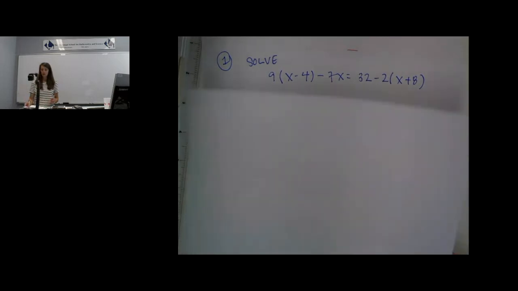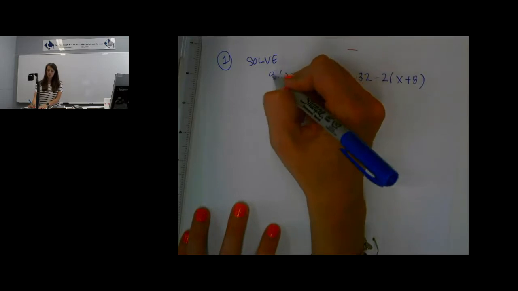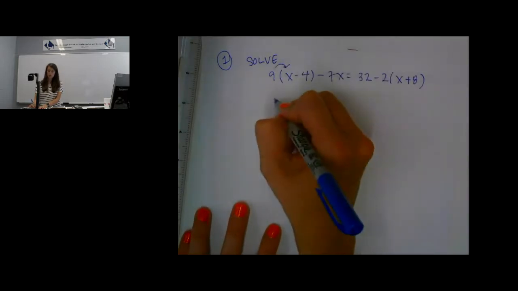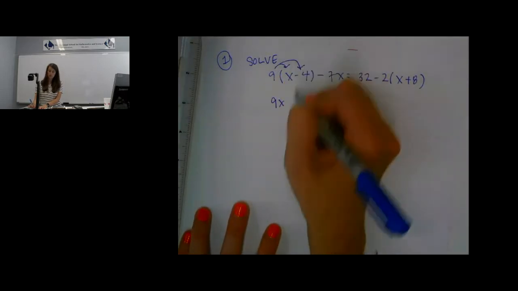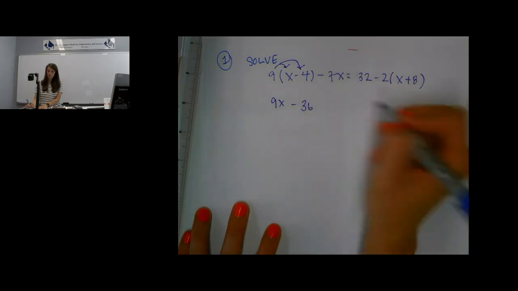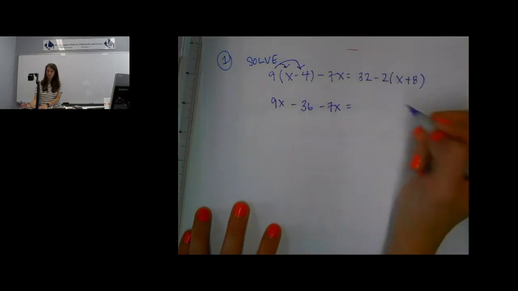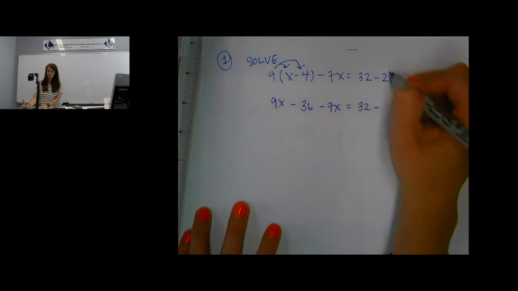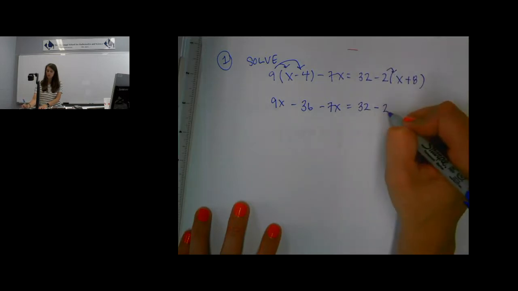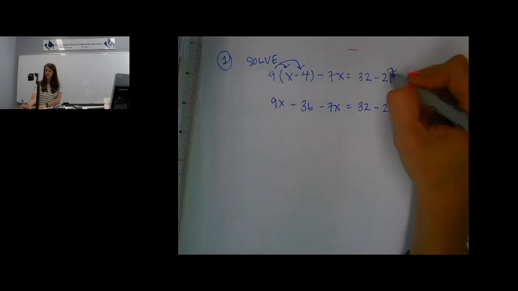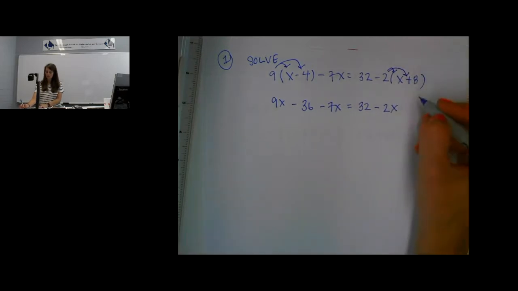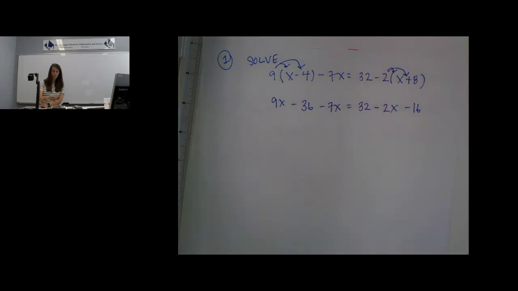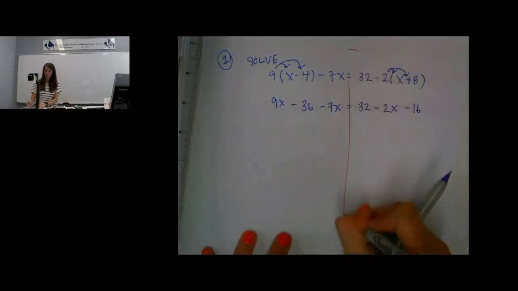All right, so let's look at this first one, number 1 here. First thing I need to do is to distribute. So I'm going to say 9 times x, which is 9x, 9 times negative 4, which is negative 36. Minus 7x is equal to 32 minus, distribute here, negative 2 times x, which is negative 2x, negative 2 times 8, which is negative 16. Okay.